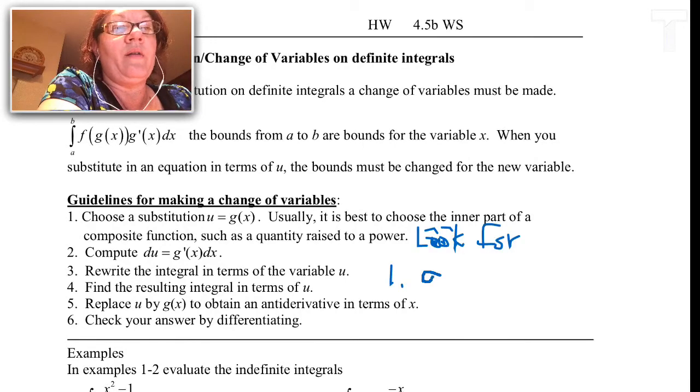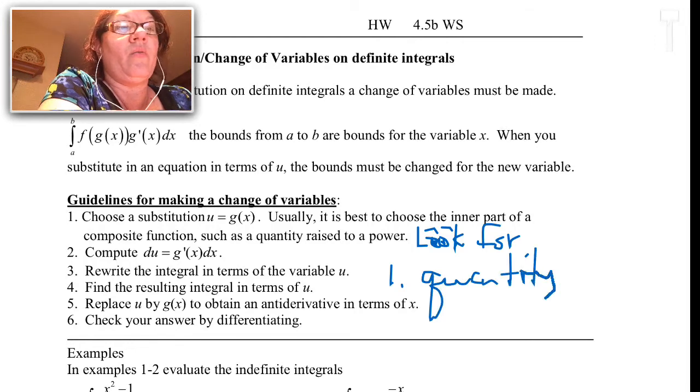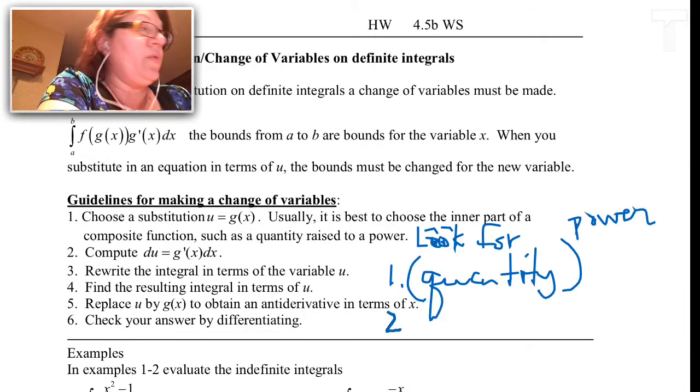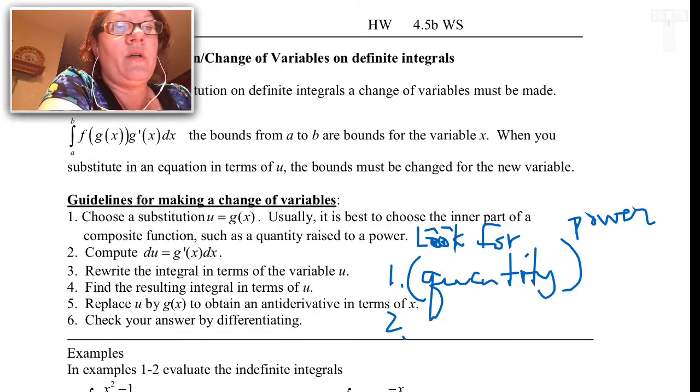So number one is a quantity raised to a power. And number two is a root, any root, of a quantity.